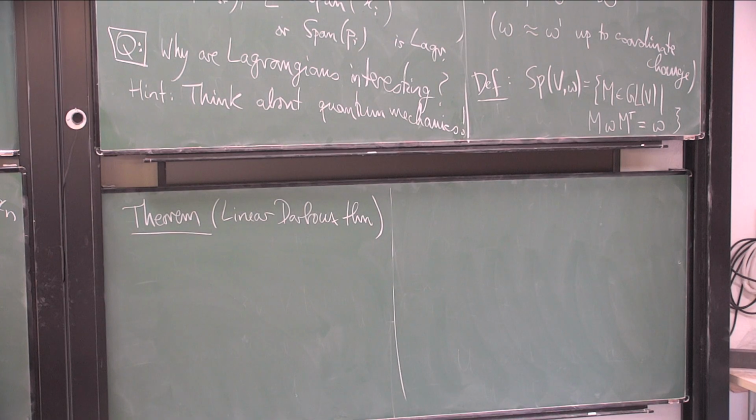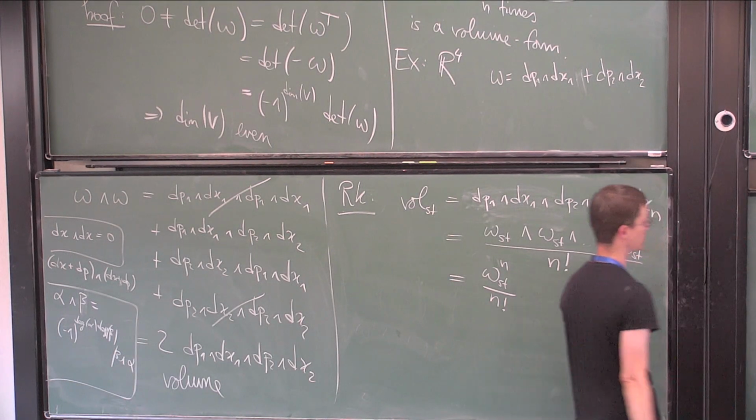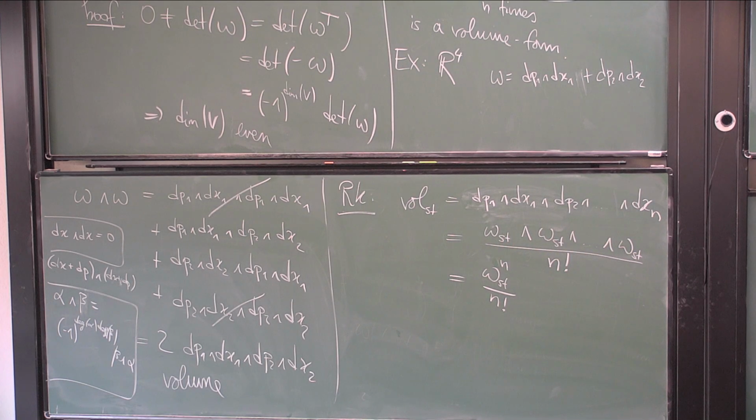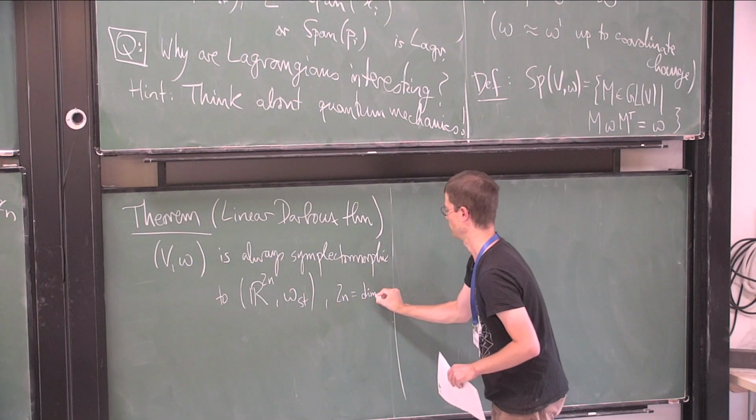It says the following: whenever you have any finite dimensional symplectic vector space, then it is always symplectomorphic to R^2n with the standard symplectic form, where 2n is the dimension of V.